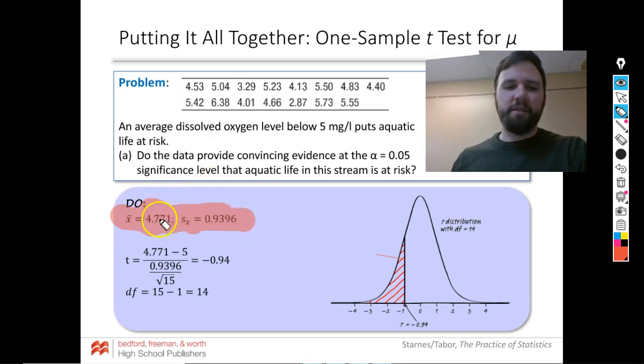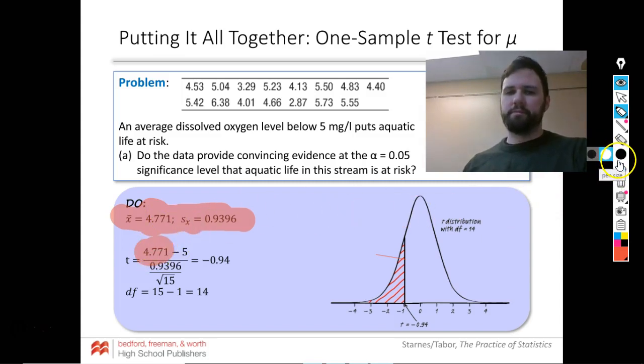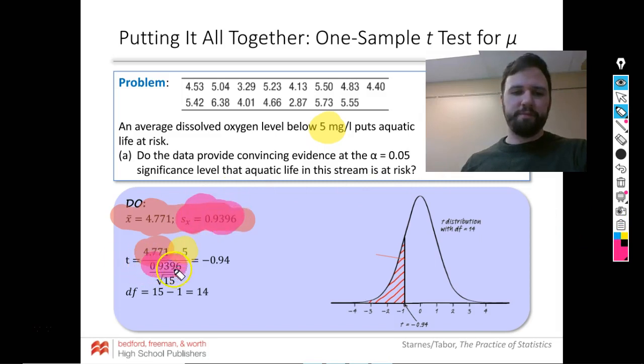Now for our test statistic, T, we're going to plug in the mean of our sample minus our null hypothesis, all over our standard deviation over the square root of our sample size, right?